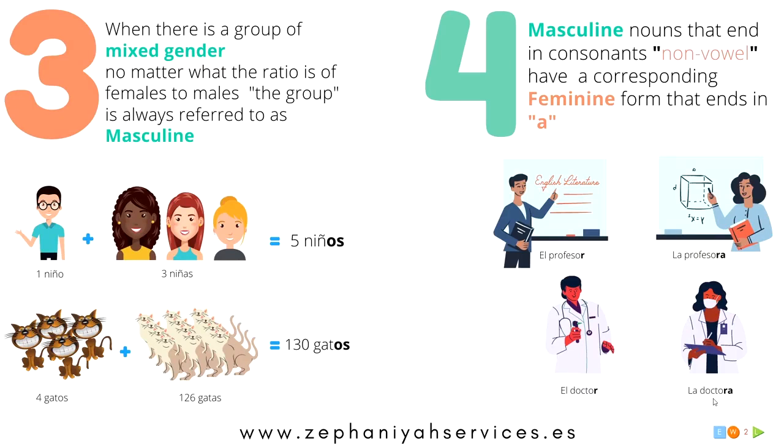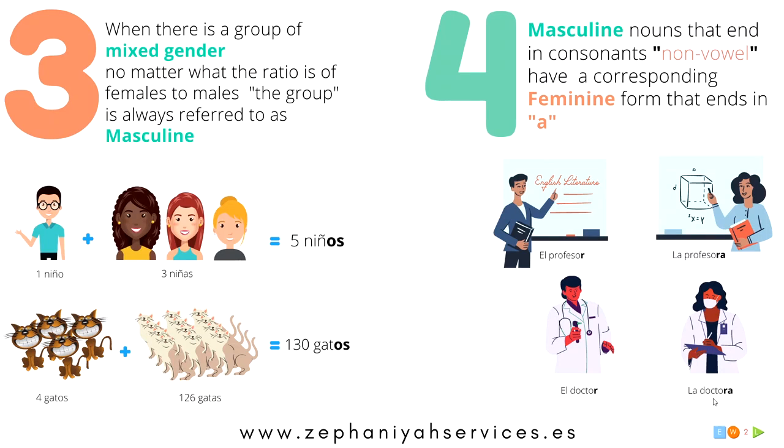Now let's go on to rules 3 and 4. Three, when there is a group of mixed gender, no matter what the ratio of females to males or males to females, the group is always referred to as masculine. For example, un niño and tres niñas, so one boy and three girls, will be five kids; in Spanish it's cinco niños.